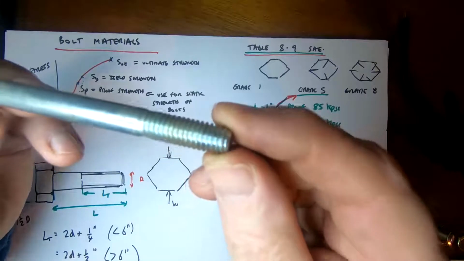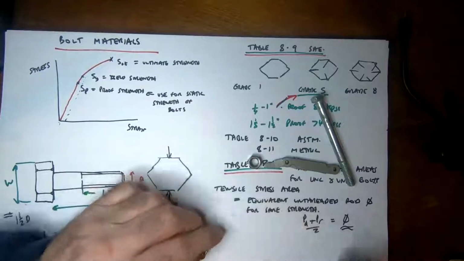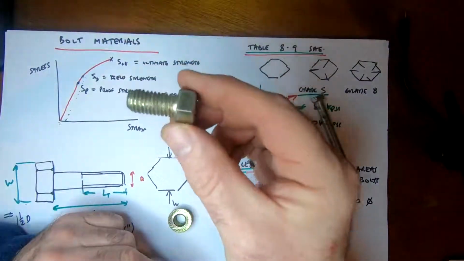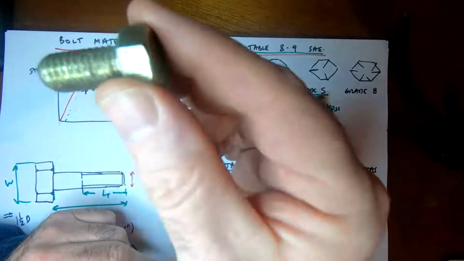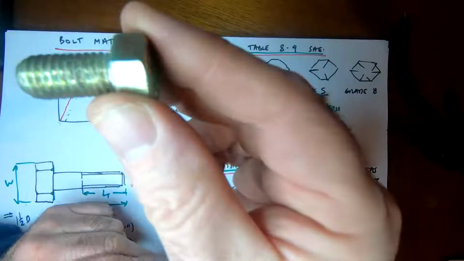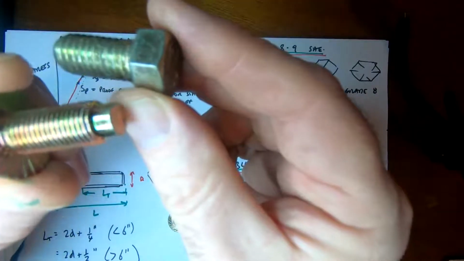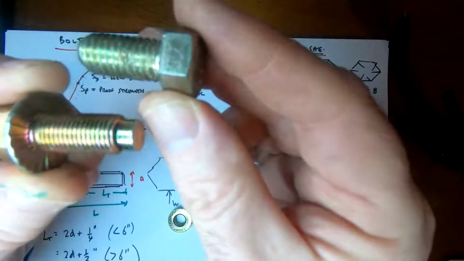It's coarse. And to just show the difference, I've got 2 other bolts here. I've got one that is another UNC coarse bolt. Sure you can see that. That's coarse thread. And then next to this one, a similar bolt but with a fine thread. So same diameter bolt, and you can just physically see the difference in the threads there.